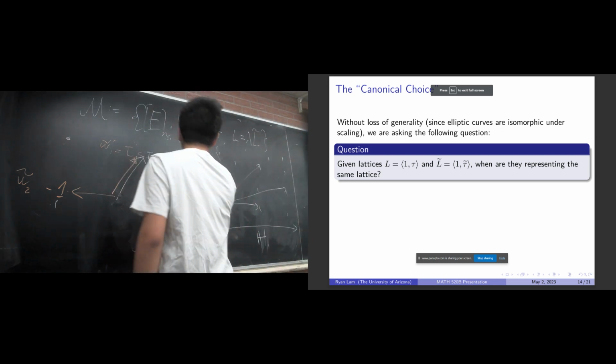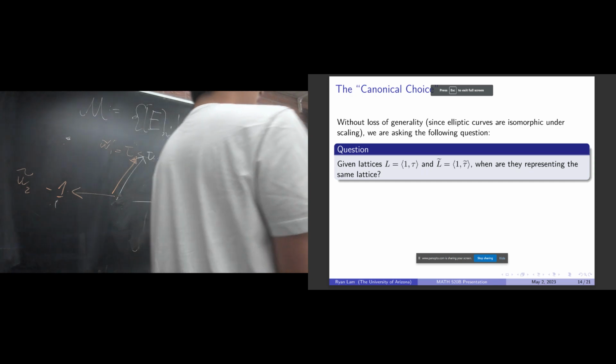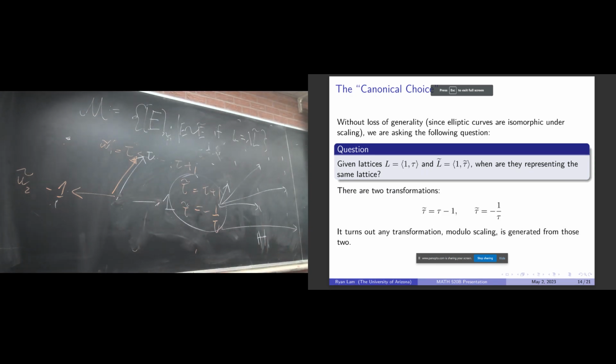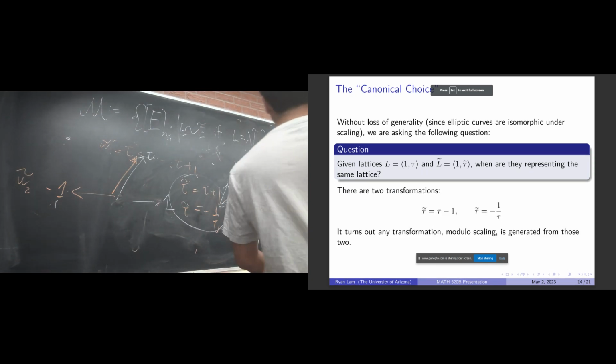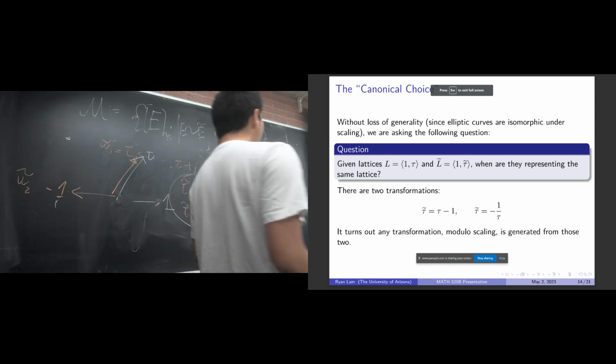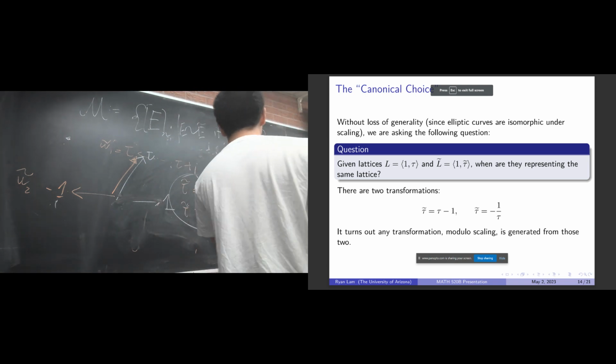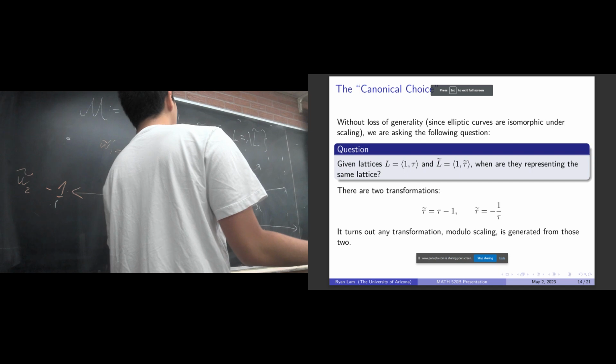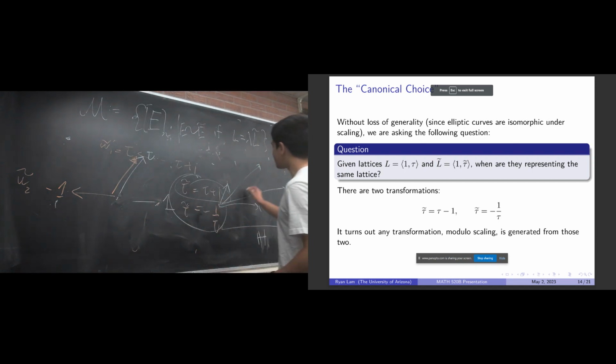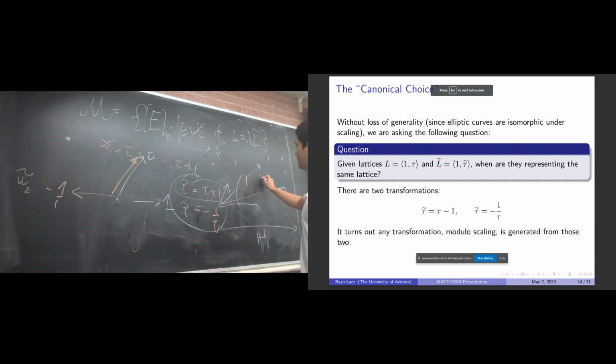So you can show that those two give any transformation. I didn't say the proof here, but it's not a hard proof. This can be realized as the matrix 1, 1, 0, 1, and this will be 0, -1, 1, 0.